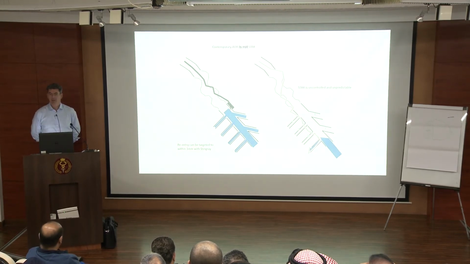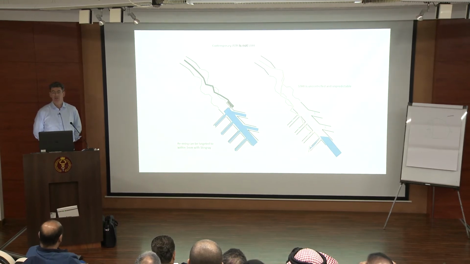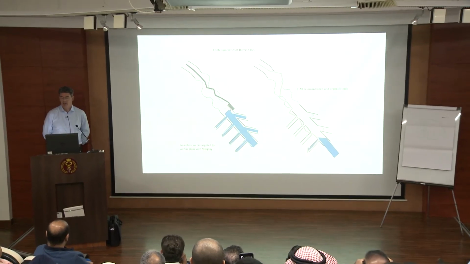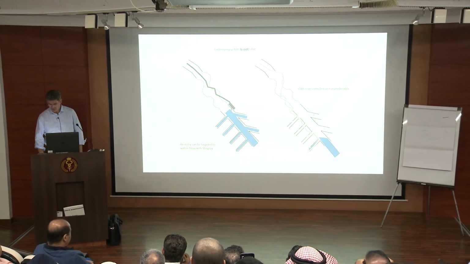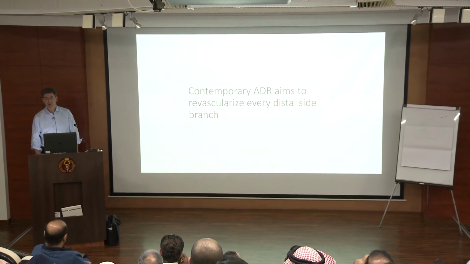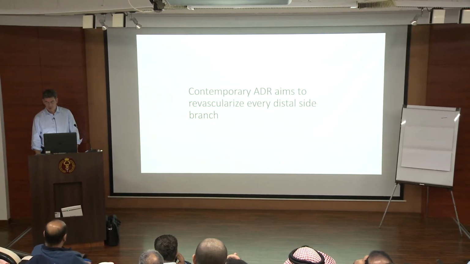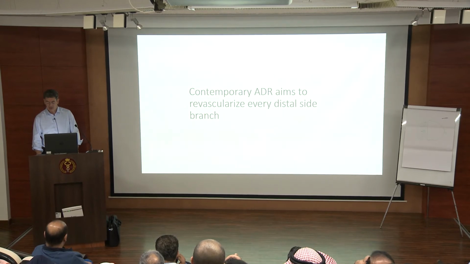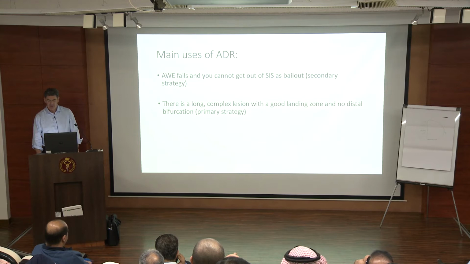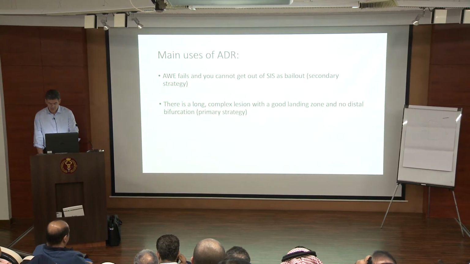If you can't maintain a large side branch, then you would not do ADR; you would use an alternative option. Your prime motivation is that contemporary ADR aims to revascularize every distal side branch. So where does it fit into our strategy?